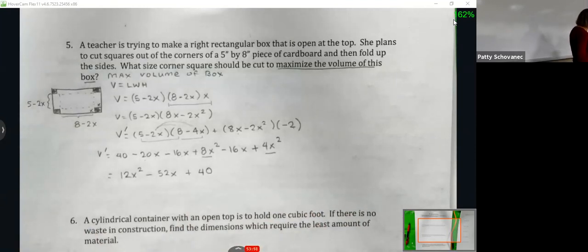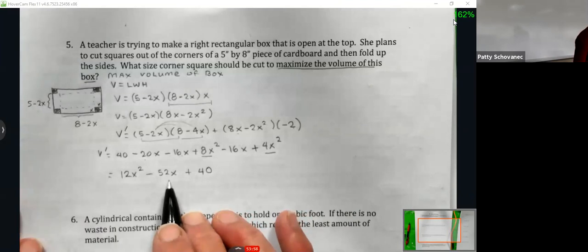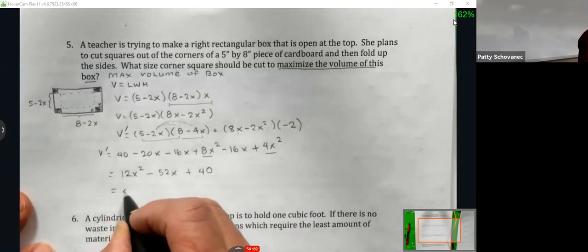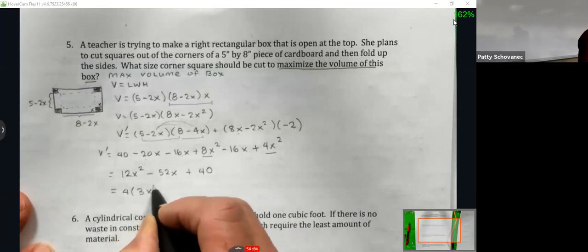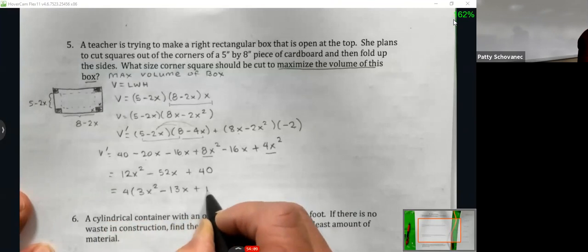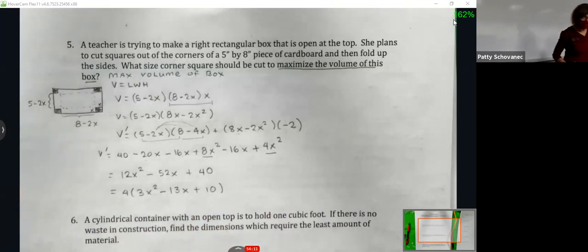Did you get to that step? All right, I need to pull out the greatest common factor. I think that might be 4. Maybe.